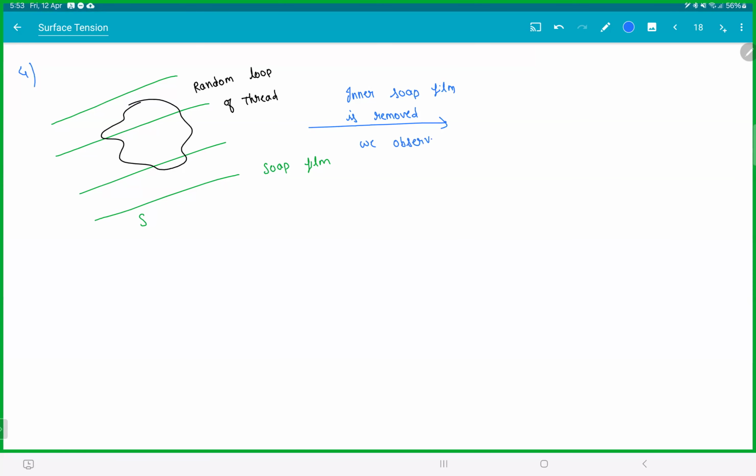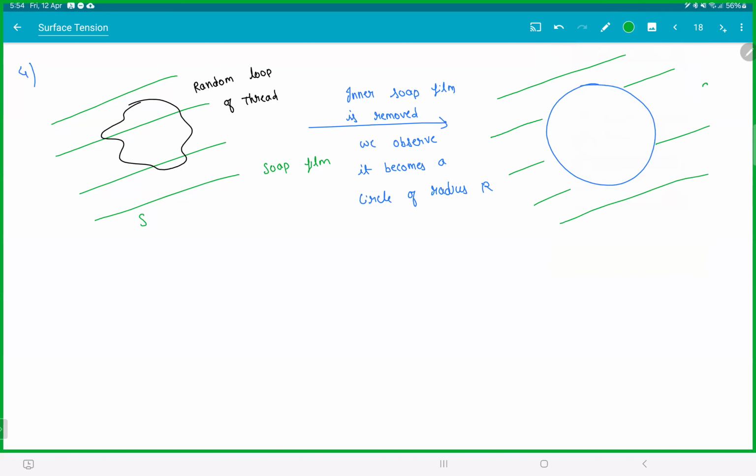Last time I showed you a video if you remember. We observe it becomes a circle of radius r. This is the standard question. This is how it becomes. Find the tension in the ring. Find tension in the thread.